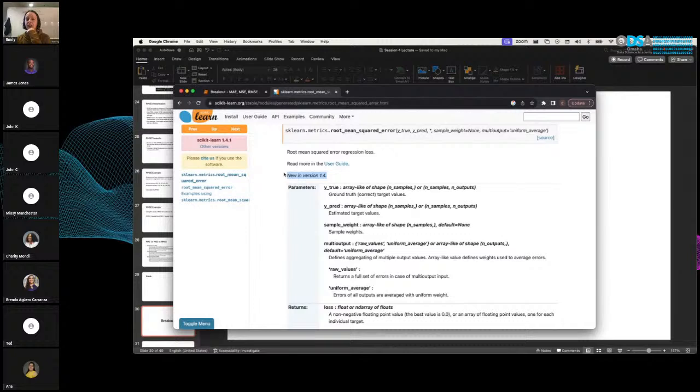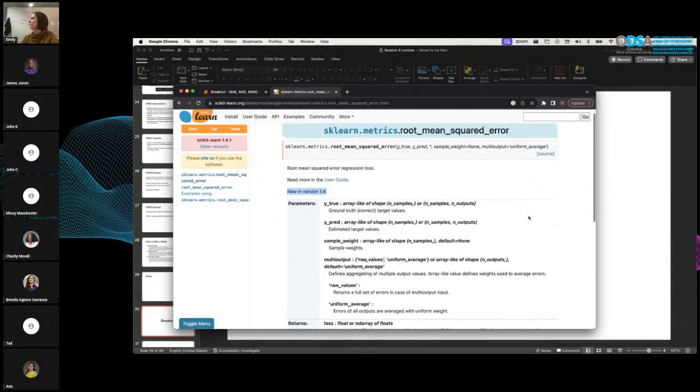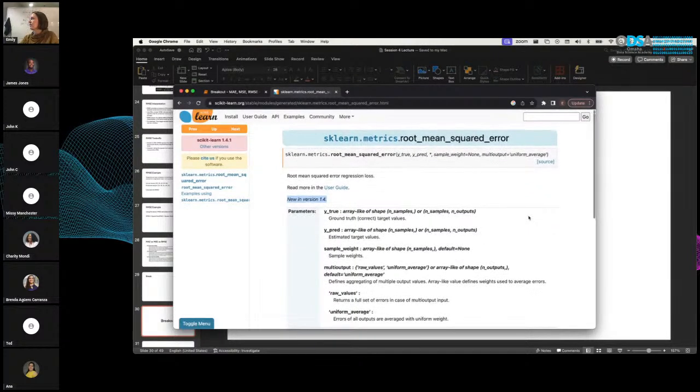It doesn't mean they didn't have it before. They move things around and rename things and make them easier to find and refactor certain metrics. So this may be one that they refactored in 1.4. It's called root mean squared error.